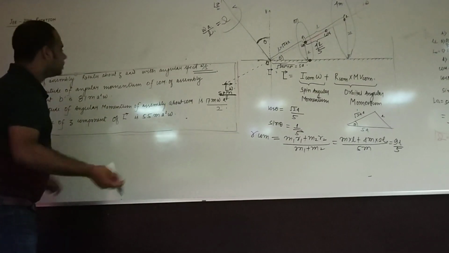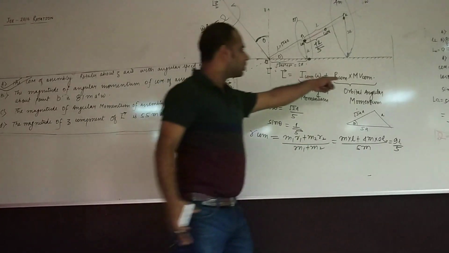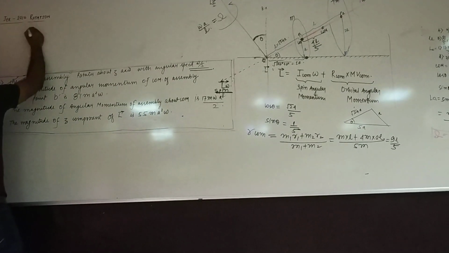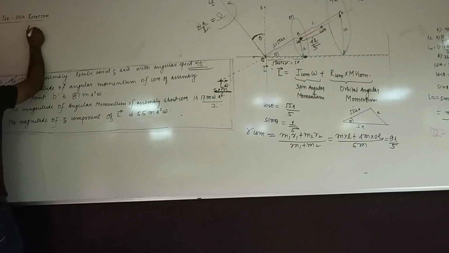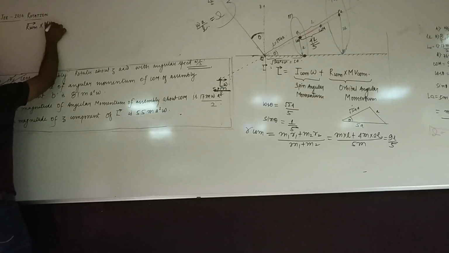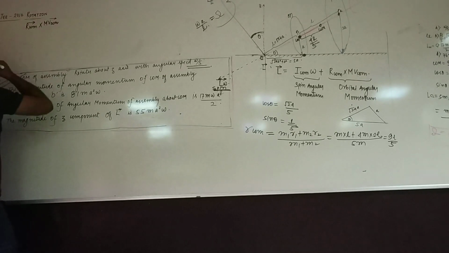So let's calculate it. We have the formula ready: R center of mass cross MV center of mass. So it will be orbital angular momentum. But we won't be using this directly.